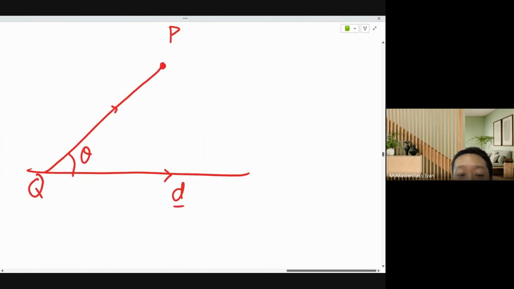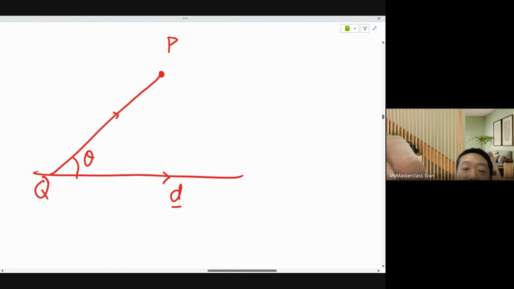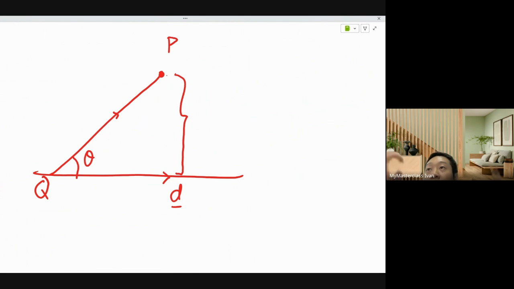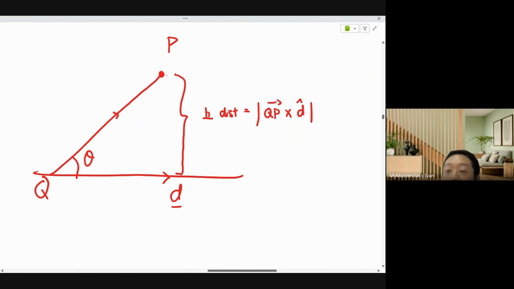If I want the shortest distance from a point to a line, it is talking about this one, right? This one is opposite or adjacent? Opposite. So this perpendicular distance, the formula is hypotenuse, QP cross D hat.